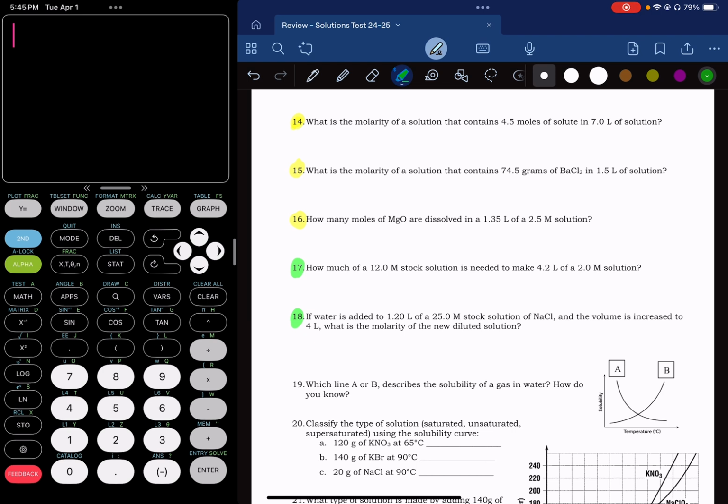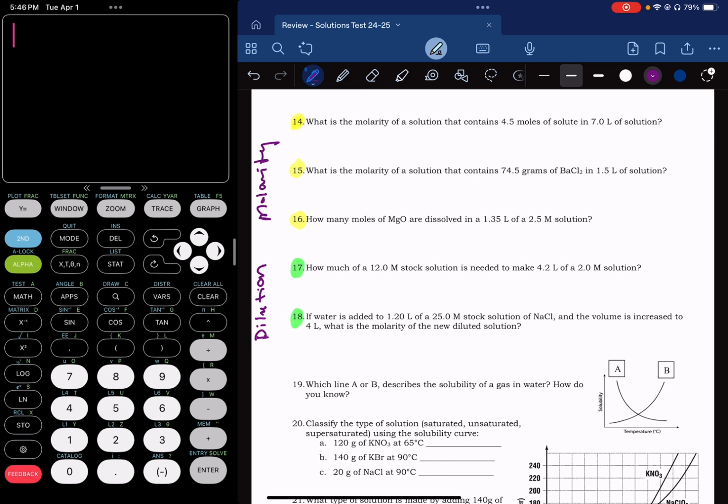All right, so the yellow ones are our molarity calculations, and then the green ones are the dilution calculations. We have two different formulas that we're using.